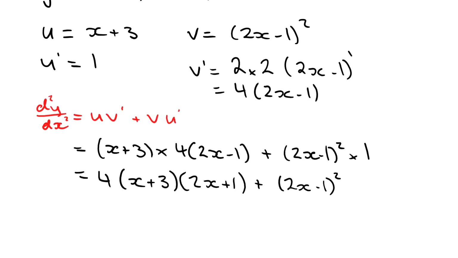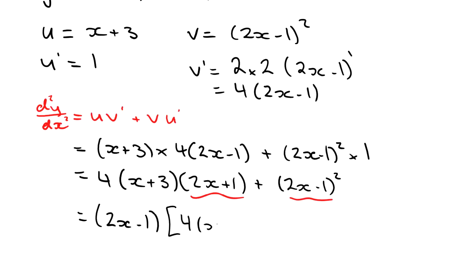Technically we can factorize this out and simplify it, because we have common terms here. We'll get (2x minus 1) times [4(x plus 3) plus (2x minus 1)], and we can just leave it as that.